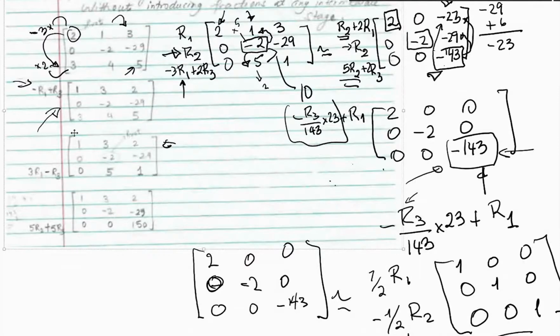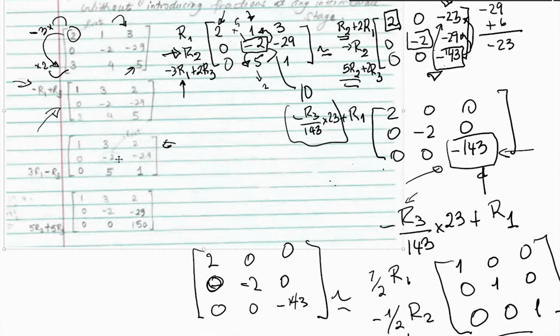Very good. You are on the way with the row echelon form, you got the 1 here. At this level, you have 1, 3, 2, 0, minus 2, and the difference is 2, 1, 3 or 1, 3, 2. Okay, very good.